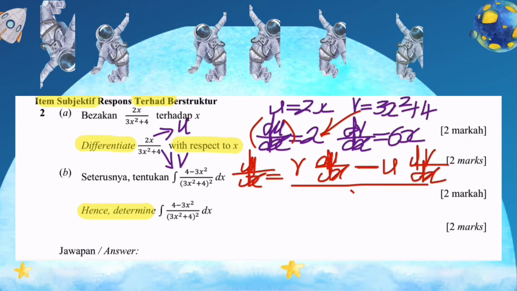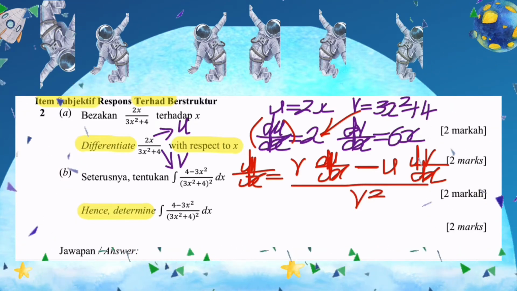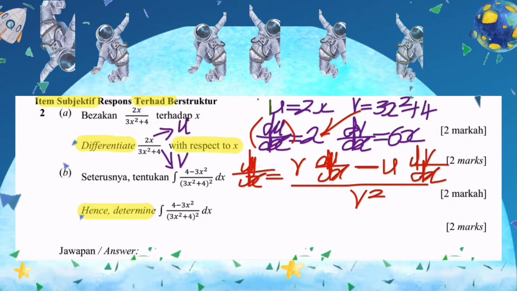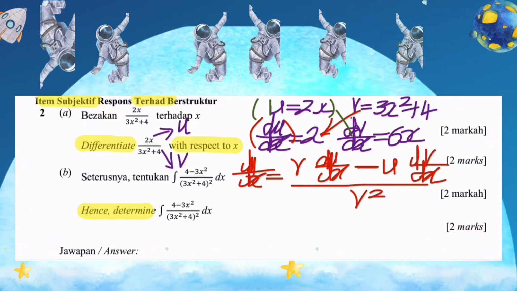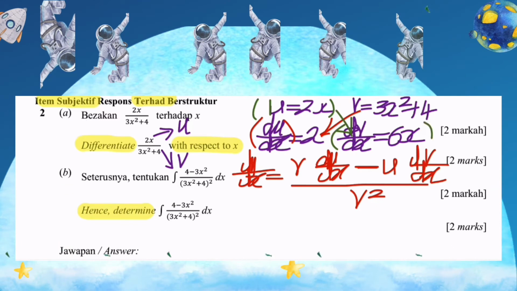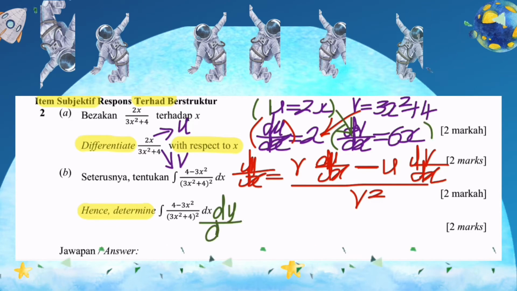And you need to divide by v squared. This is the formula that you must use when you have two functions divided by each other, u over v, which is in a fraction. So let's do it now.